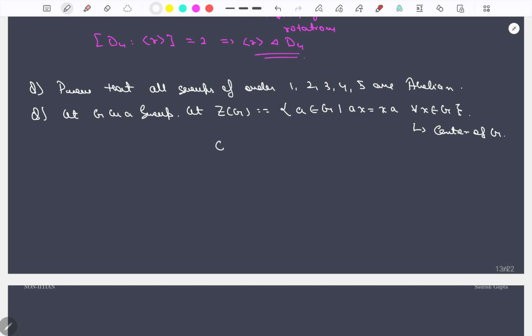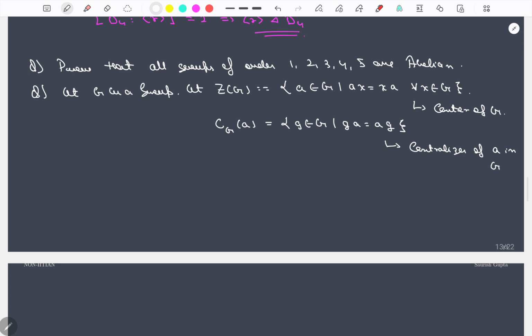Next, consider this particular C_G(a), which is the collection of all those elements g in G such that g commutes with a. So this is called the centralizer of a in G. And finally, consider this set N_G(A) applied to a subset A. So A is a subset of G. It's the collection of all those elements g in G such that g commutes with A as cosets.